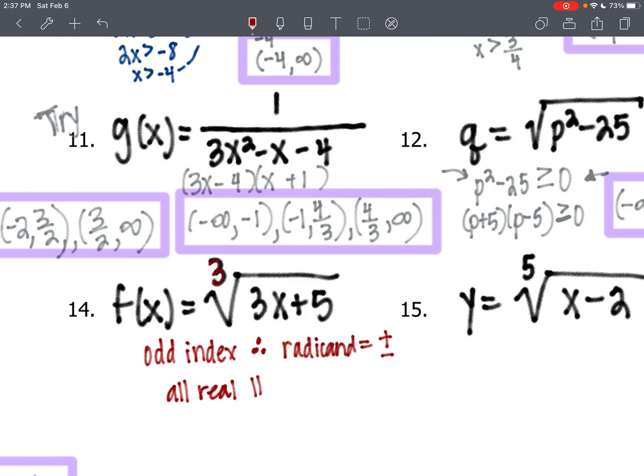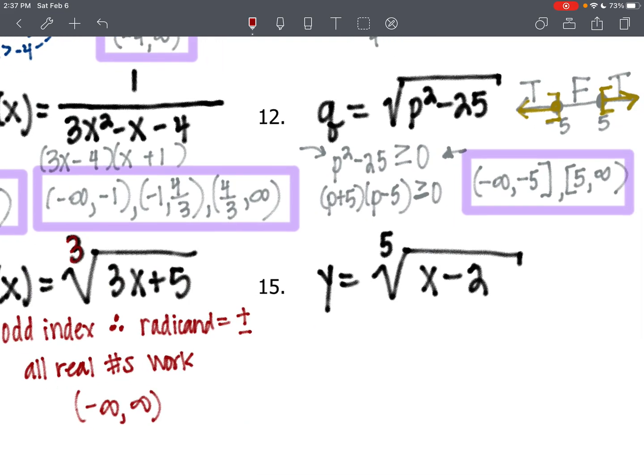All real numbers will work. So how do we write all real numbers? Negative infinity to infinity. And number 15, if you try number 15, see if you can reason out exactly why your answer is what it is.